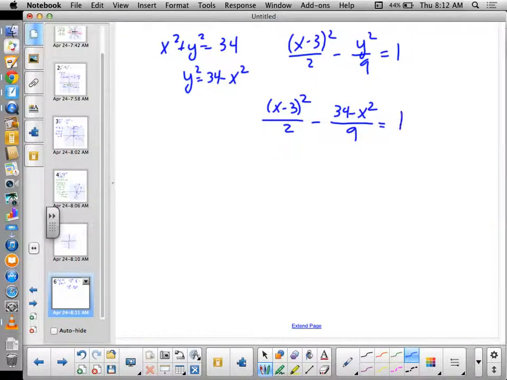Equals 1. My choice would be first to get rid of the fractions. Some people decide to FOIL out first, but I choose to get rid of the fractions. Now, what you can't do is multiply this by 9 over 9 and this by 2 over 2 and do nothing over here, which I saw a lot of. Let's multiply the whole thing through by the common denominator of 18. Everything gets multiplied by 18.